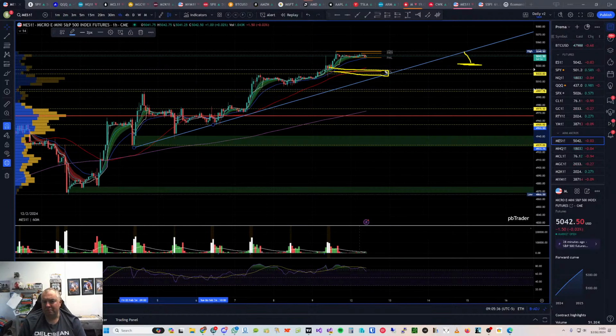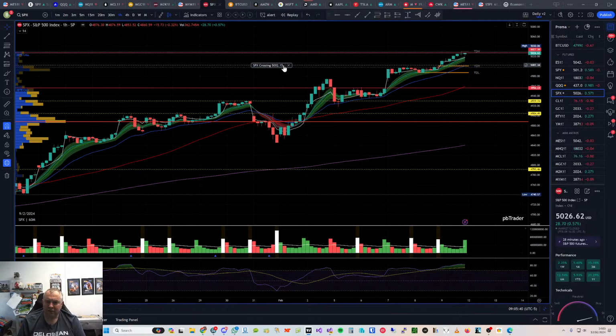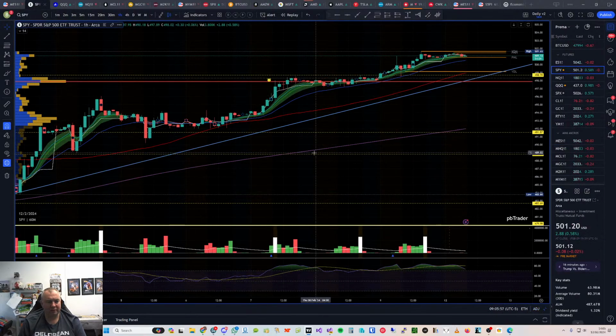So 5,020 is a bounce area, unless SPX comes into 5,000 first, then I'll be looking to find a trend entry. I've got an alert already set up here, this white line's my alert, so if that triggers, then that will keep me watching for any potential reversal on a pullback. So let's look at SPY next.